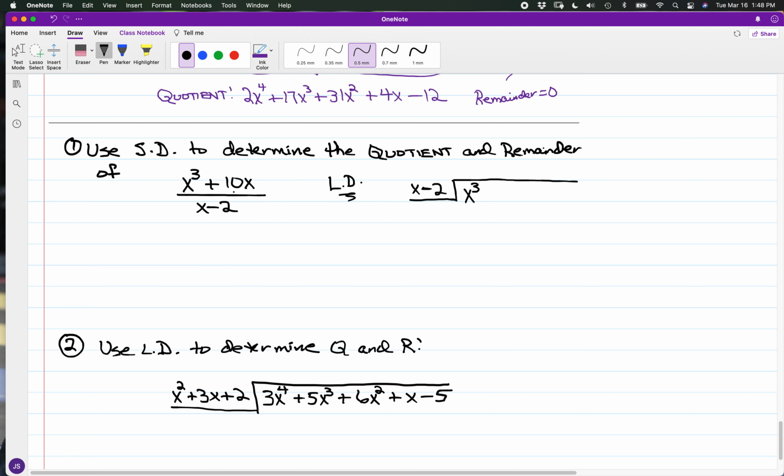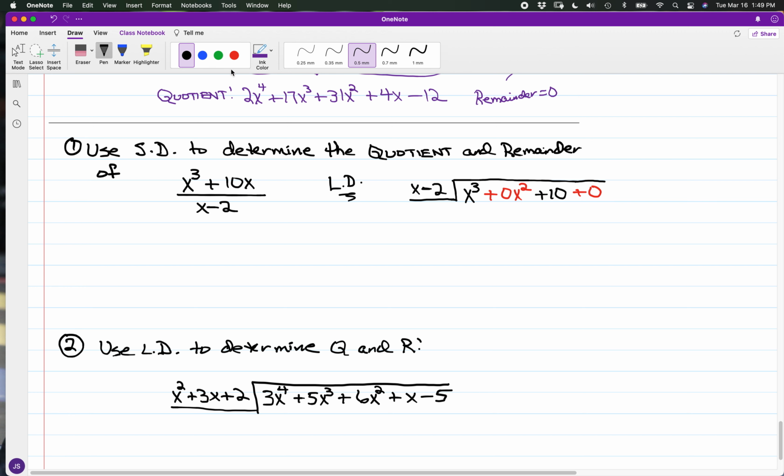I have x cubed, but I'm missing an x squared term, so I get x cubed plus 0x squared, then plus 10x. The dividend does not close out with a constant, so I'm going to apply another 0 placeholder to make sure all the degrees from 3 on down in x are represented.